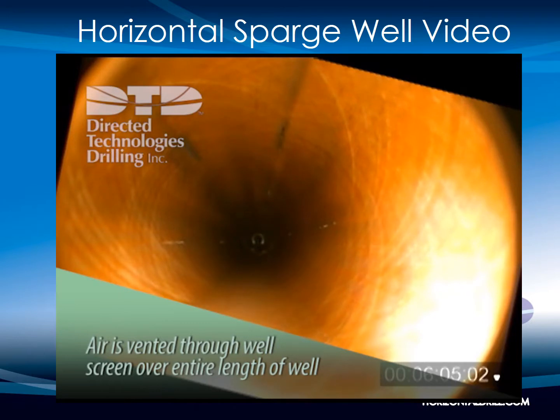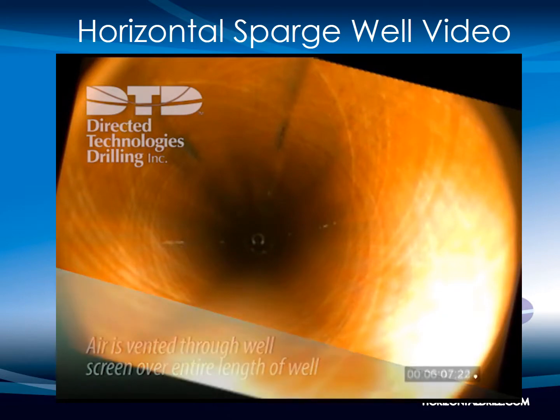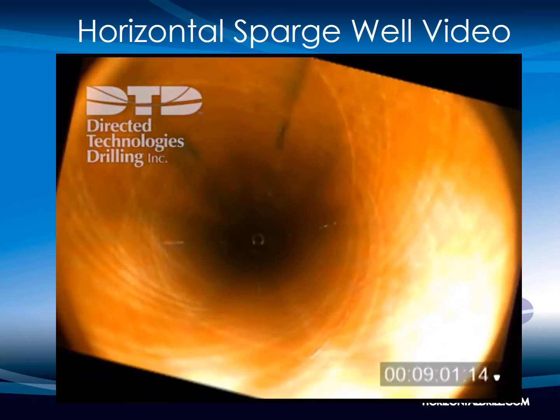By the 6-minute mark, most of the water is displaced from the entire screen section. By the 9-minute mark, all the water has been removed from the well screen and air is discharging to the formation. When the air is turned off at the 10-minute and 30-second mark, water starts to flow from the formation back into the well screen.